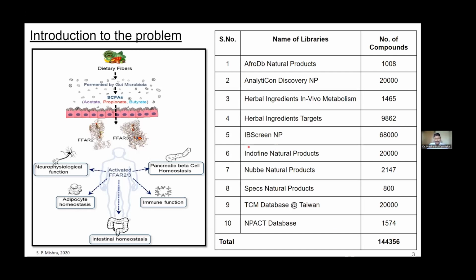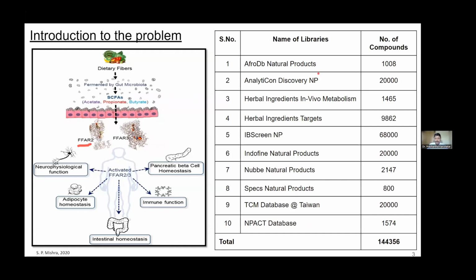One of the examples that I took to demonstrate the tool uses a protein called FFAR2, free fatty acid receptor 2, which is one of the key enzymes required in neurophysiology, immune function, pancreatic beta cell homeostasis, and many things. In this presentation I am not more towards the biological aspect, but more towards the computational aspect.